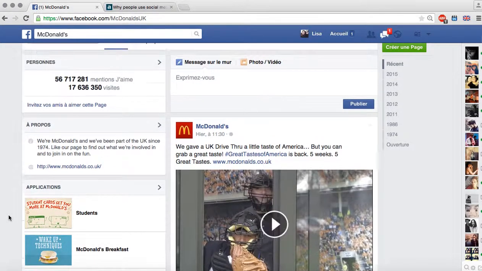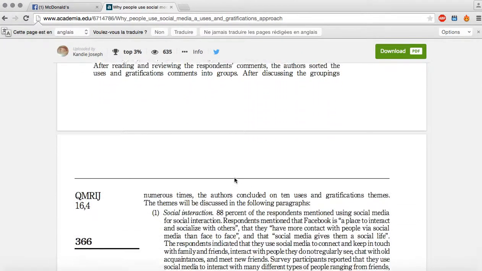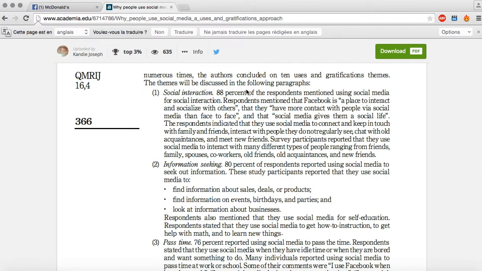So the first theme I found is social interaction, which is in the article the first theme that was mentioned by people.